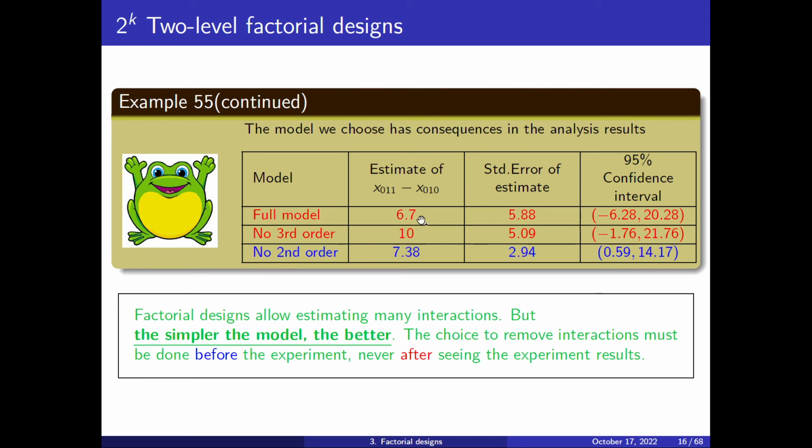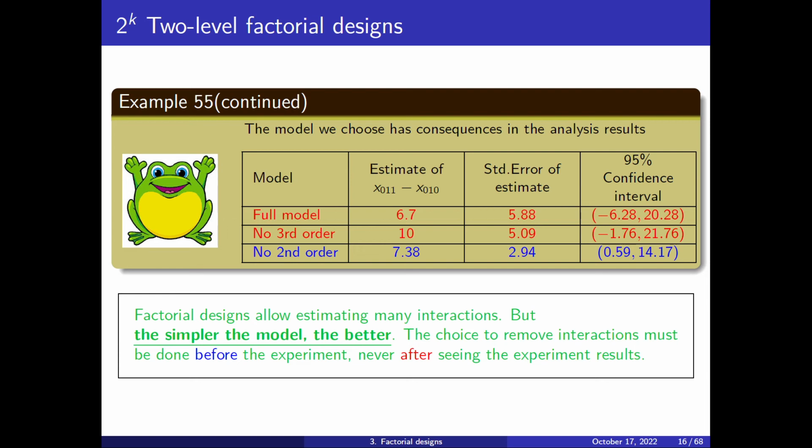And so in general, factorial designs allow estimating many interactions, but it doesn't mean that you have to do it. If you think that these interactions do not exist, you don't have to estimate them. Then you are leaving all these degrees of freedom, which would be used for estimating the interactions, for the residuals, and then you will have more powerful tests.